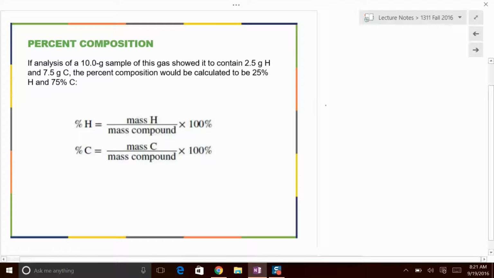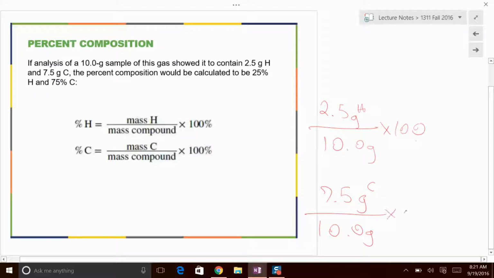So we have 2.5 grams of hydrogen in a 10-gram sample, and we have 7.5 grams of carbon in a 10-gram sample. Times 100.